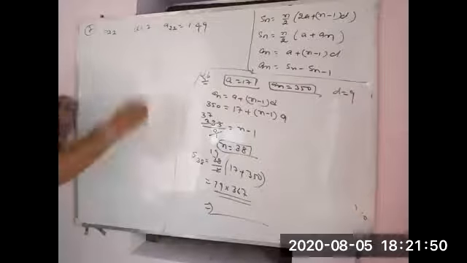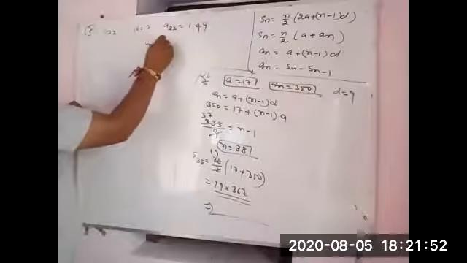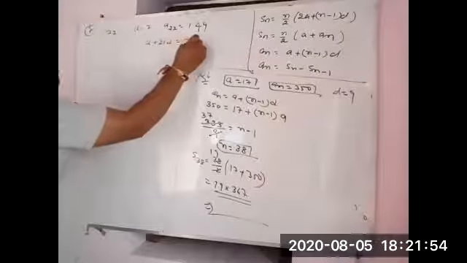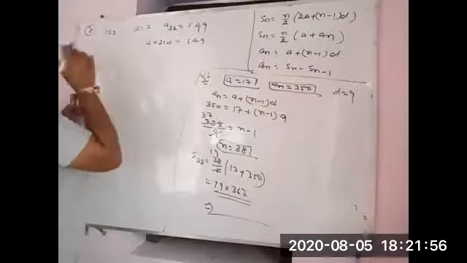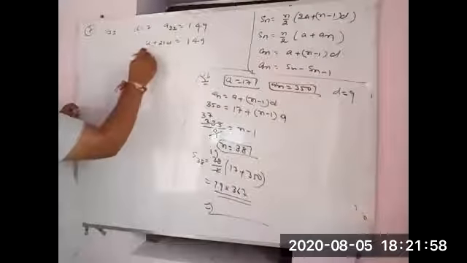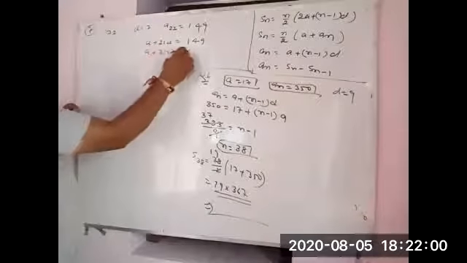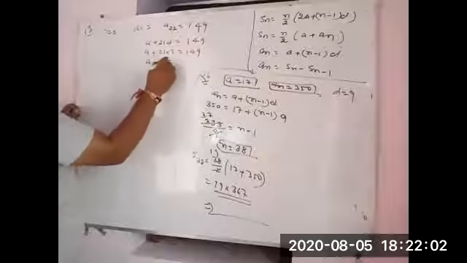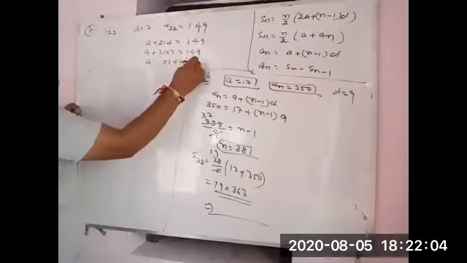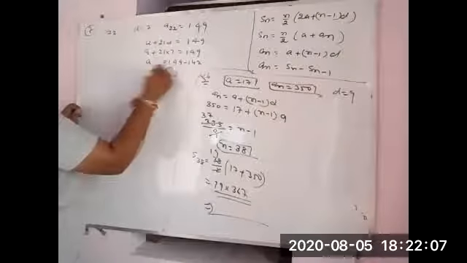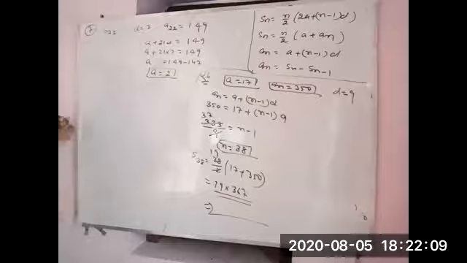Now it will be a plus 21d, 149. What is the value of d? 21 into 7, a equal to 149 minus 147. 2 comes, d is 2.